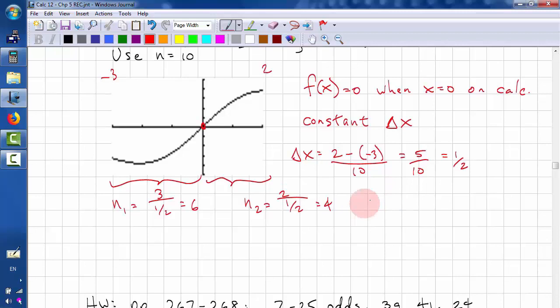Okay, so our area equals the negative of the integral from -3 to 0 of f of x dx, plus the integral from 0 to 2 of f of x dx, and n equals 6 here, n equals 4 here.